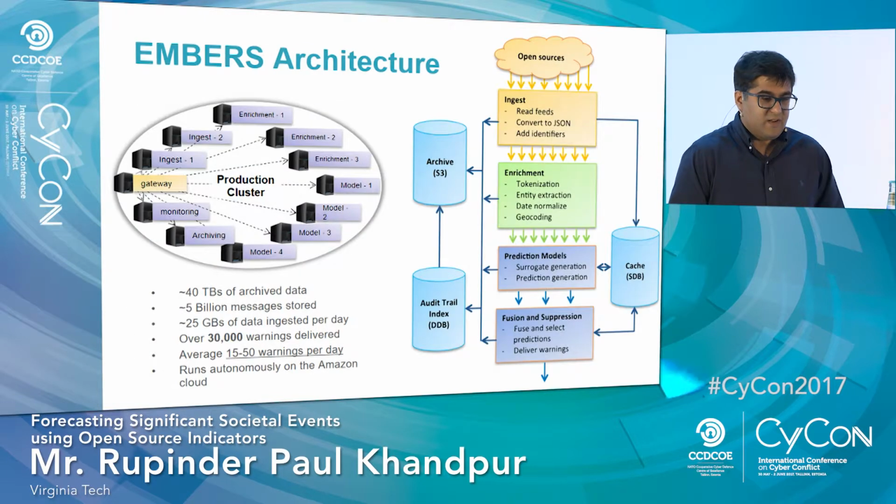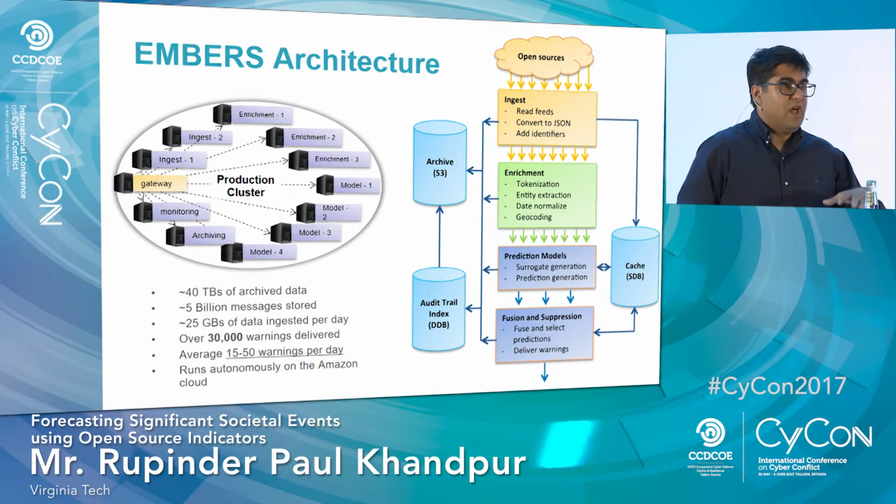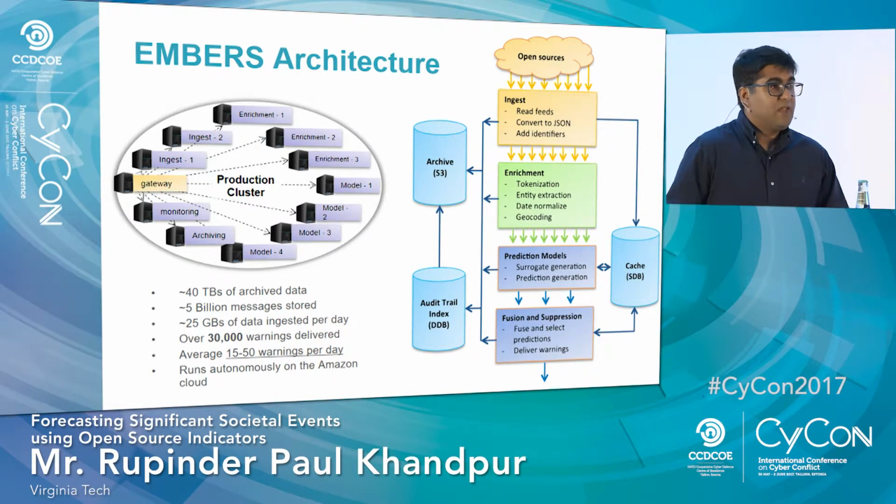EMBERS is a fully automated system. It has a big server farm where there are specific servers for ingestion and enrichment, and this diagram explains the different key components EMBERS has.